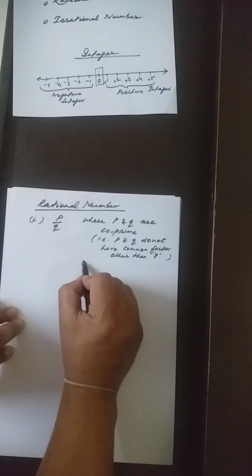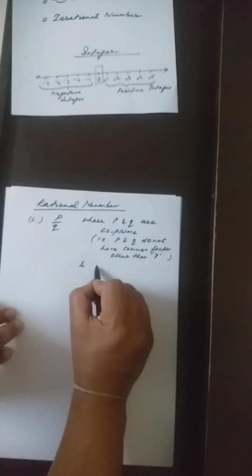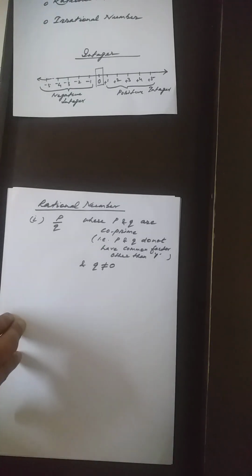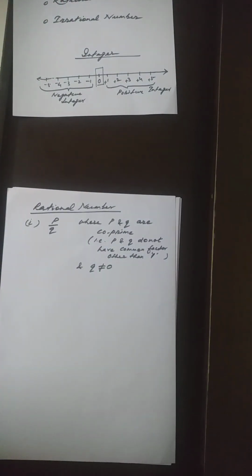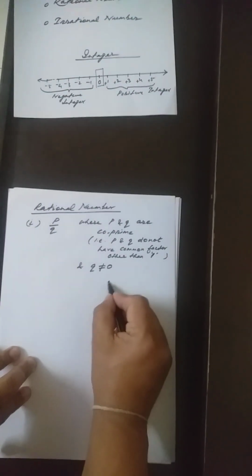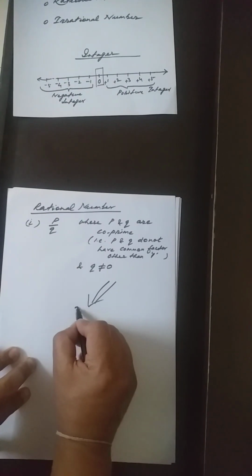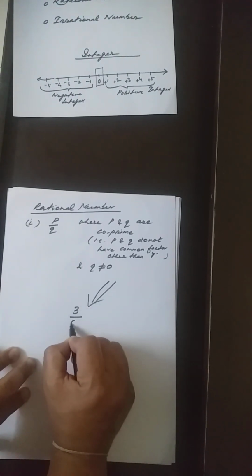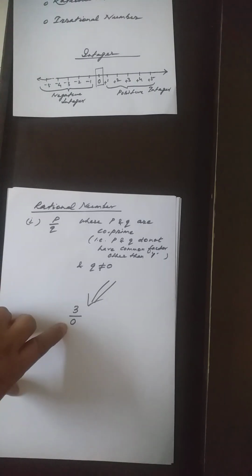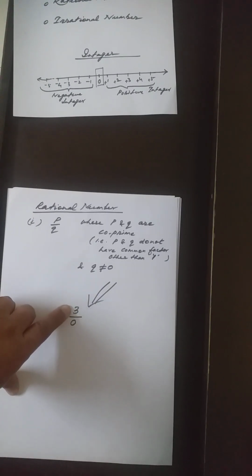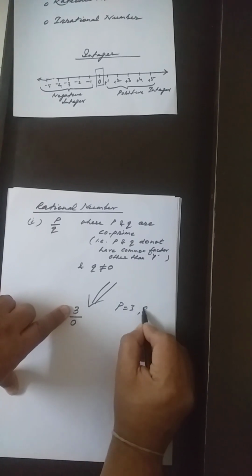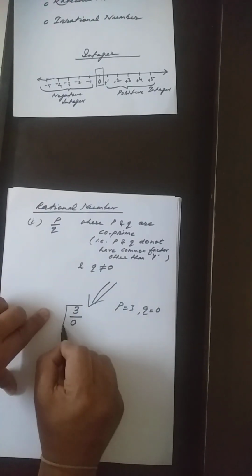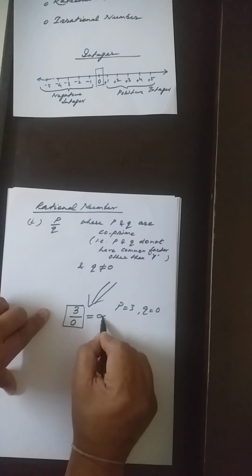Second, the number in the denominator, q, should not be equal to 0. And why this condition here? If we have a number 3 in the numerator and 0 in the denominator, meaning q becomes 0 and p becomes 3, in this case the value of this number will be too high, which we write as infinity.